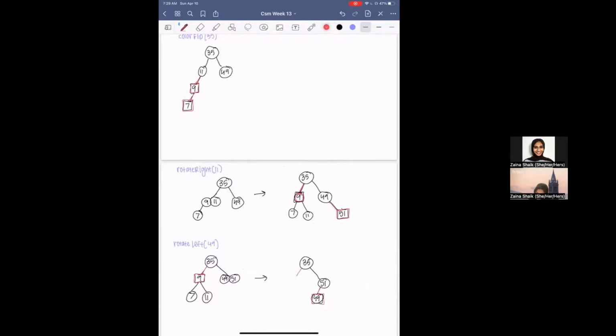And then just copy the other side. Okay.